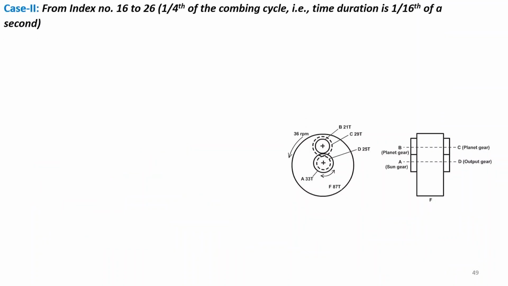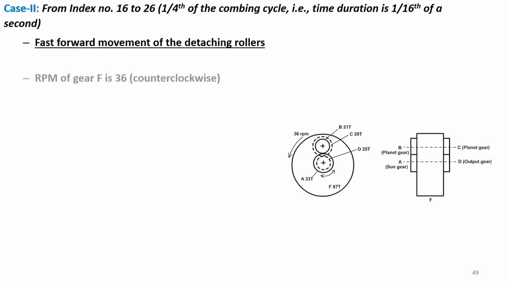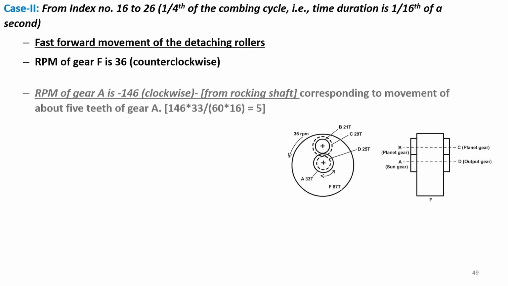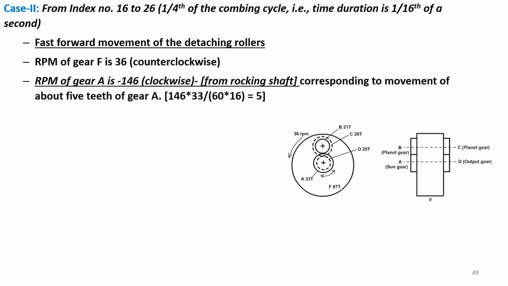Similarly, in case 2, index 16 to 26, 1/4 of the cycle, 1/16th of a second, with fast forward motion, RPM of arm F is 36, and RPM of gear A in the clockwise direction is actually minus 146 from the rocking shaft.